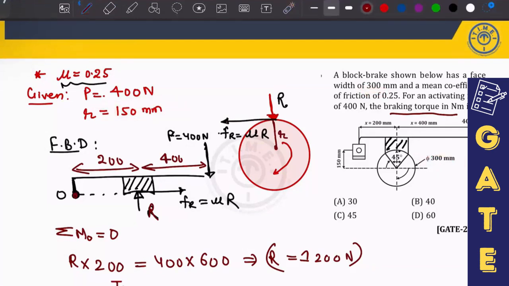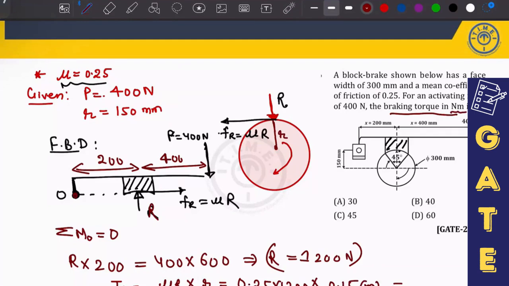Now the braking torque is the friction force, mu into R into small r, which is 0.25 into 1200 into small r, which is 150, so can I say this is 0.15 meter? Because you have to answer in Newton meter.